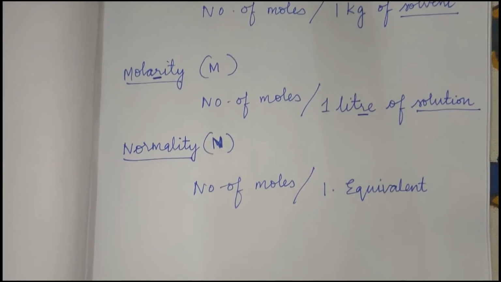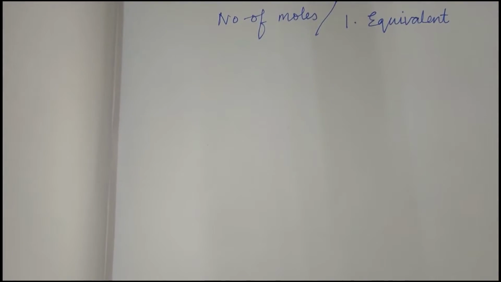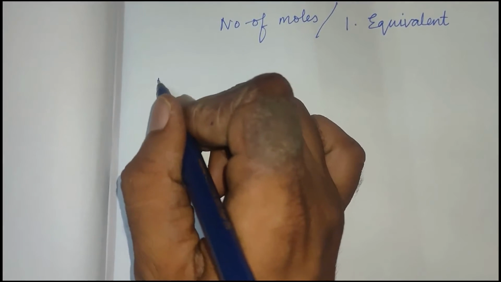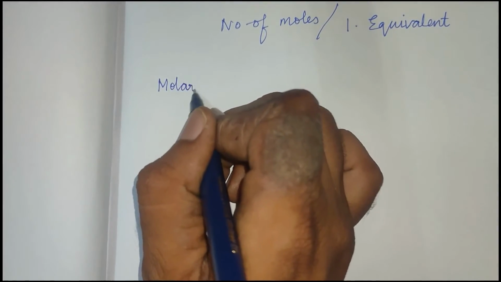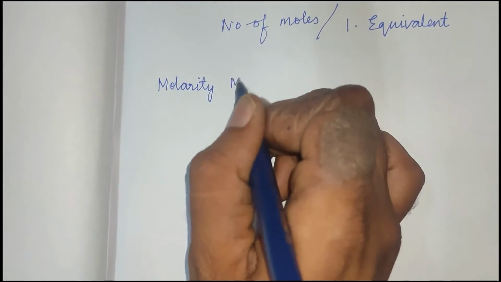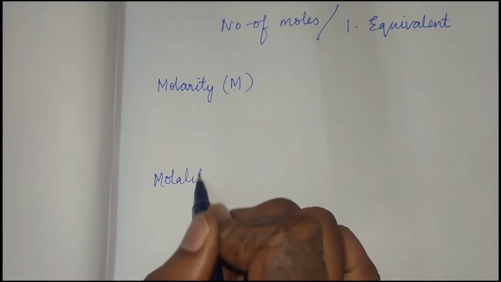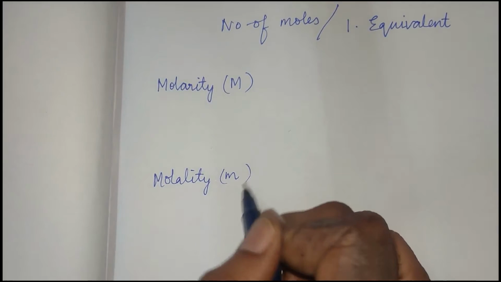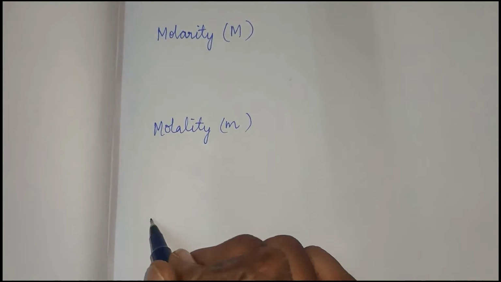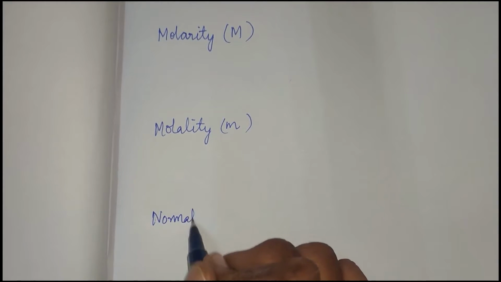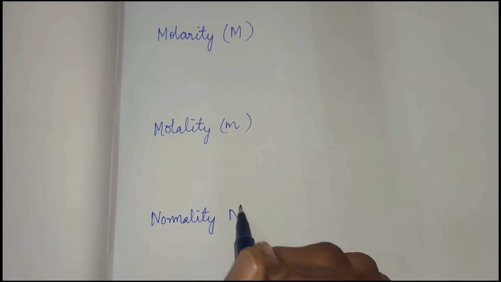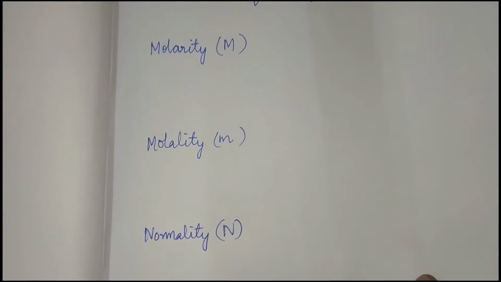Now I am going to give the formula for all these three. First I am going to give for molarity, which is capital M. Then molality, small m. And finally normality, capital N. So what is molarity?